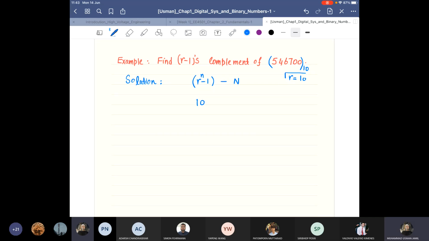Now small n means the number of digits: 1, 2, 3, 4, 5, 6.